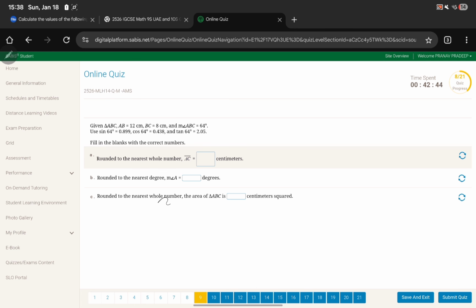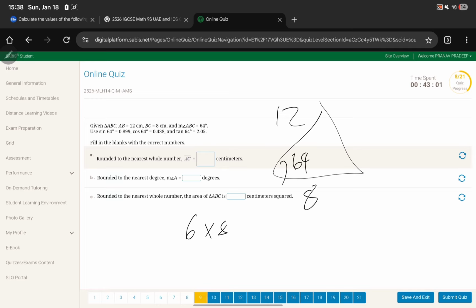And rounded to the nearest whole number, the area of ABC will be half of 12 times 8 times sine 64. You can take half of 12, or half of 8, either 6 times 8 or 12 times 4.